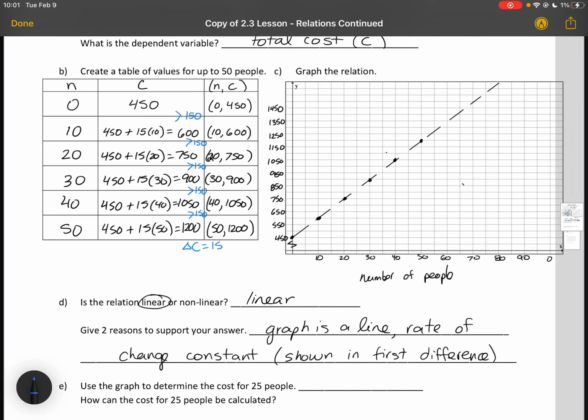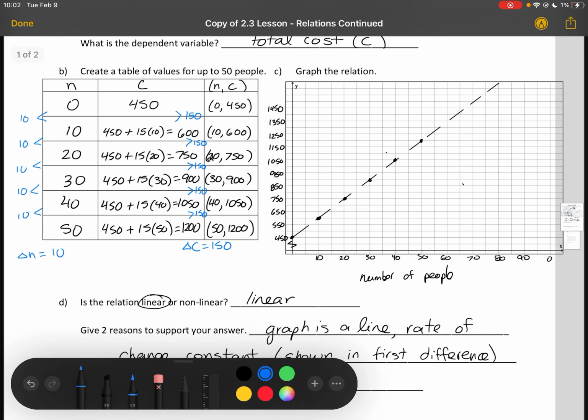So my change in cost is constant, and my change in my X value here, because I went up by 10 each time, means that my change in n is constant. Those two things, both being constant, means that my rate of change is constant for my relation.